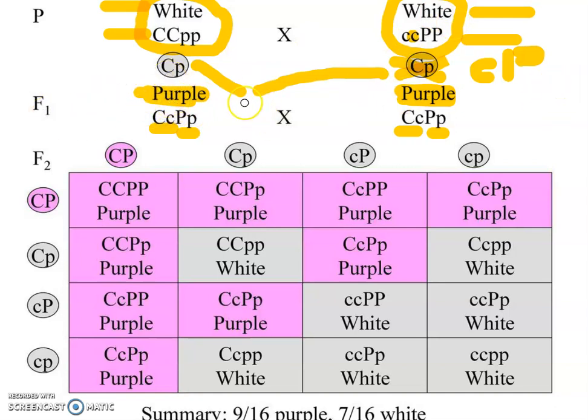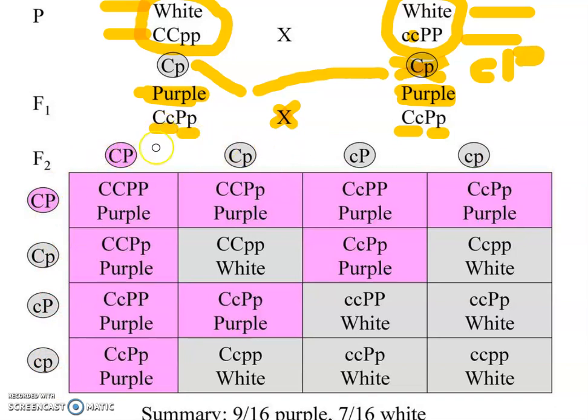If the first generation is crossed, what happens? Each F1 parent, male and female, produces four types of gametes.